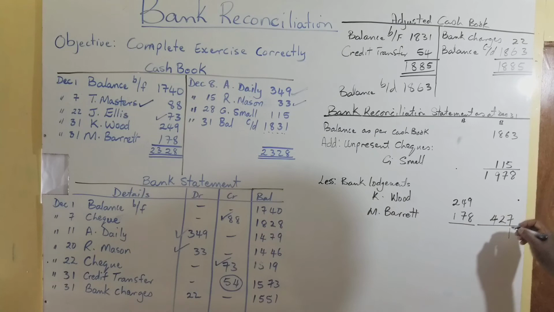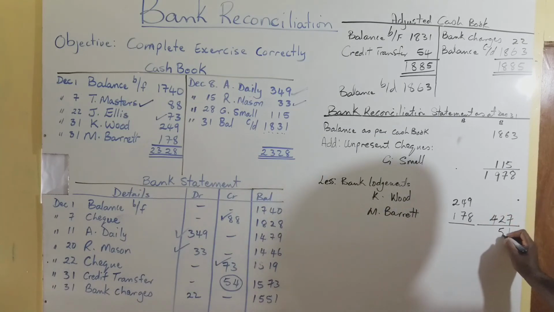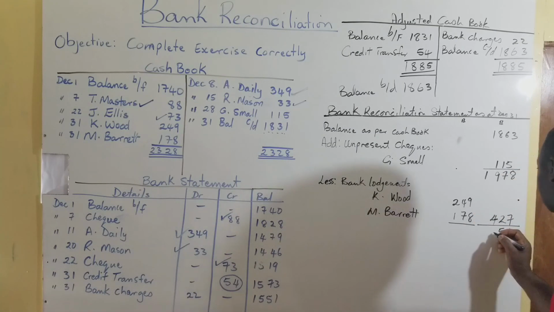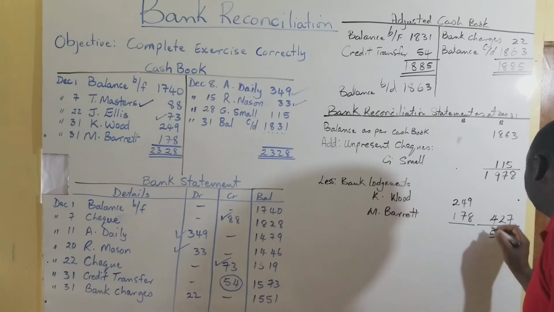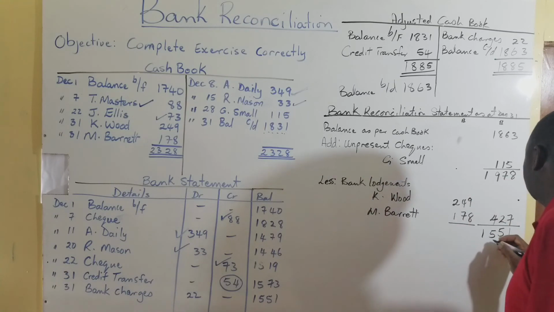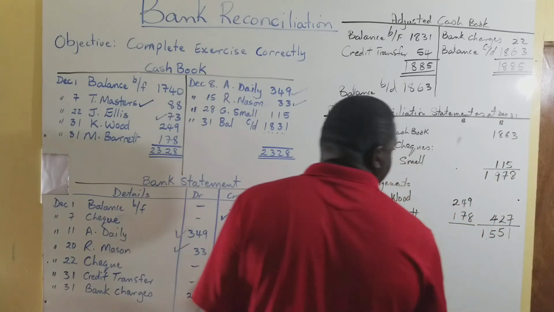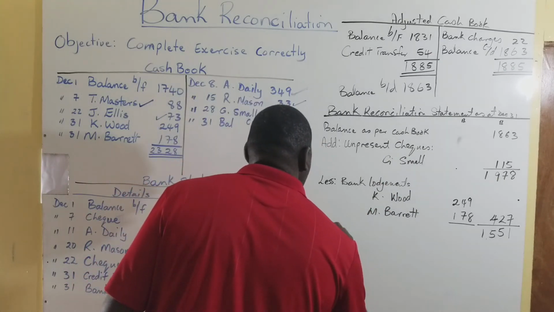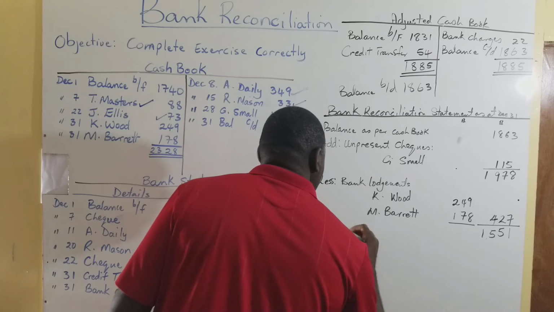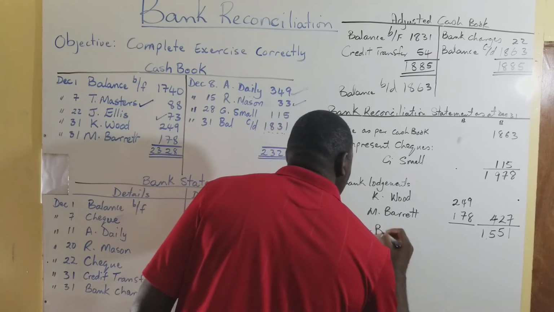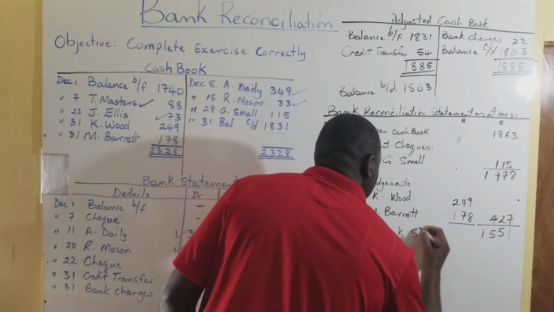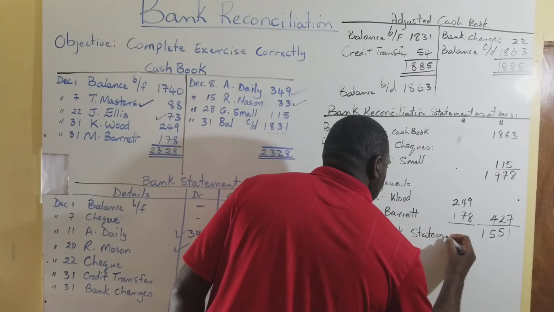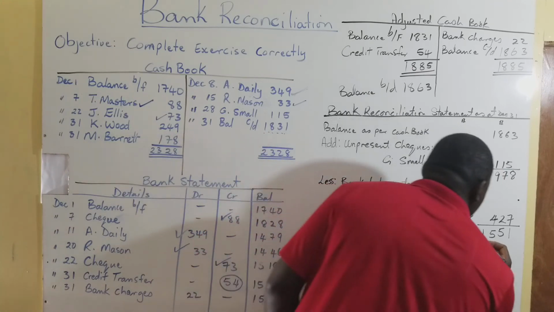Take 2 from 7 rather, we get 5. Take 4 from 9. We're going to also get 5. All right, bring down the 1, so it is 1,551, and that is what we call our balance as per bank statement, and we can double line it now.